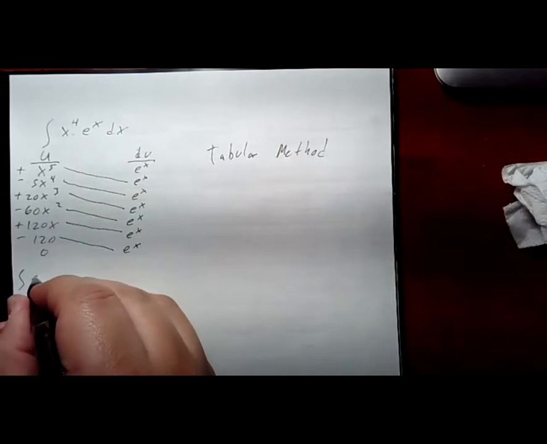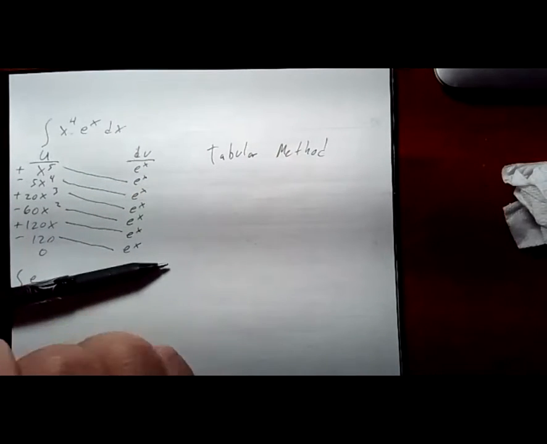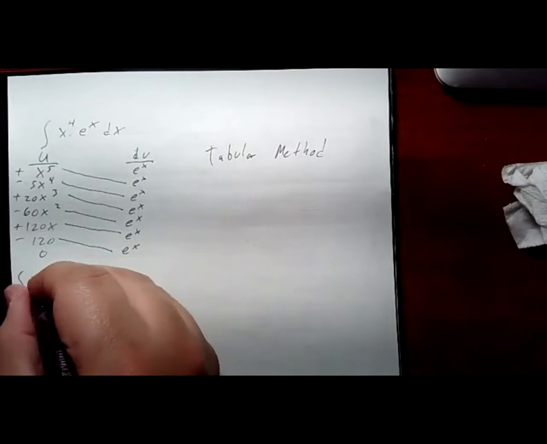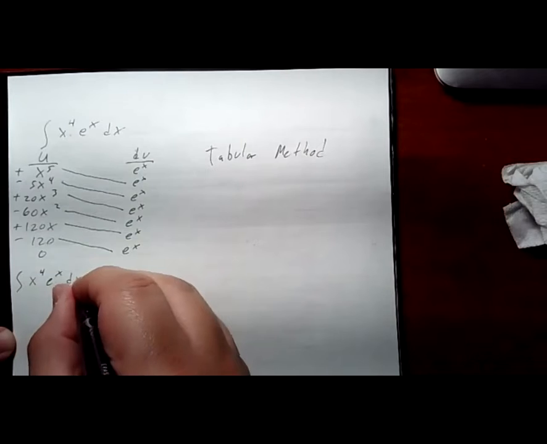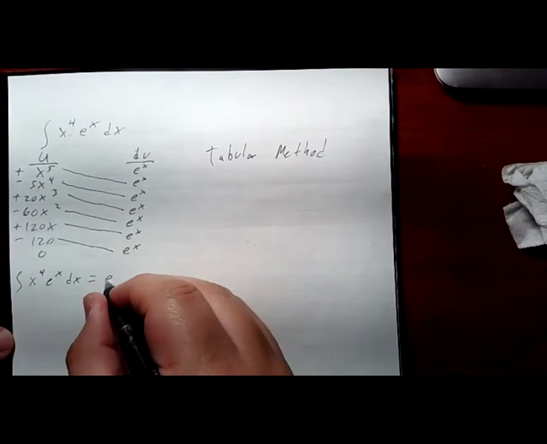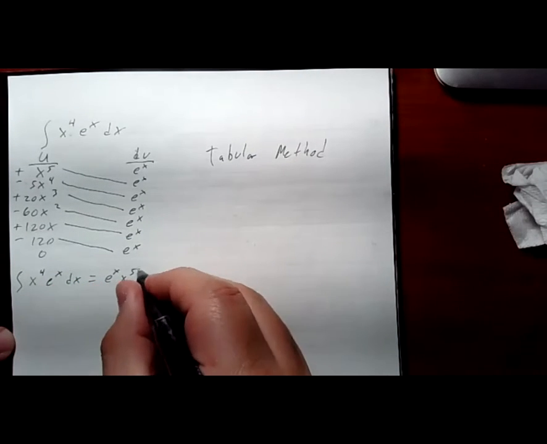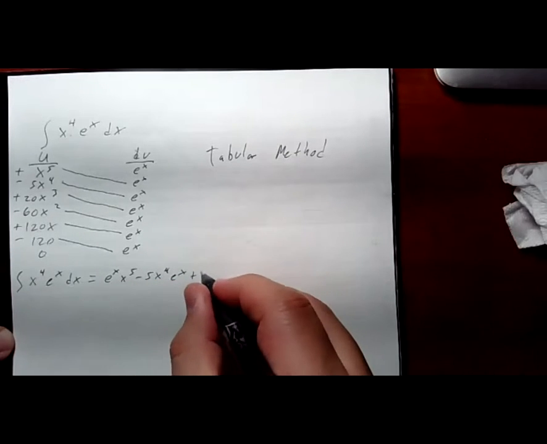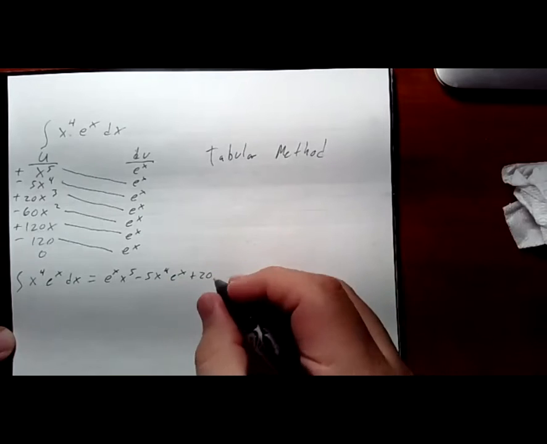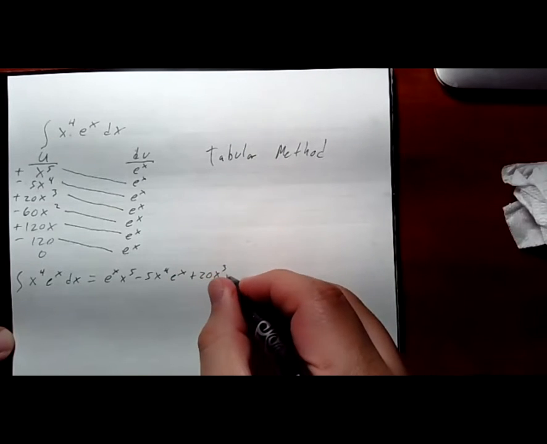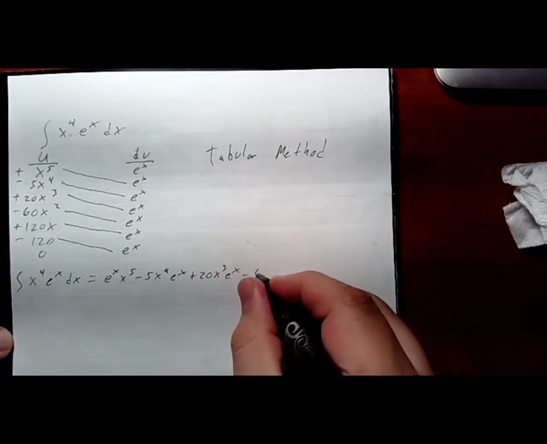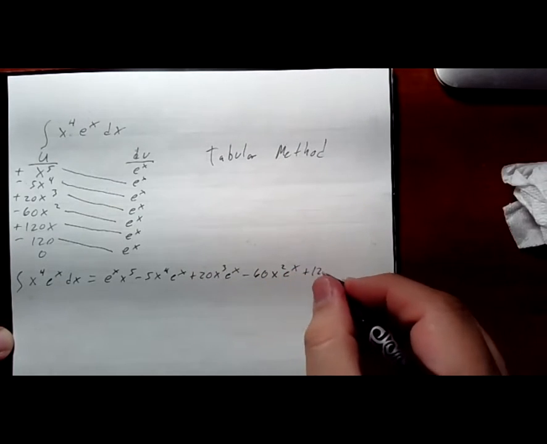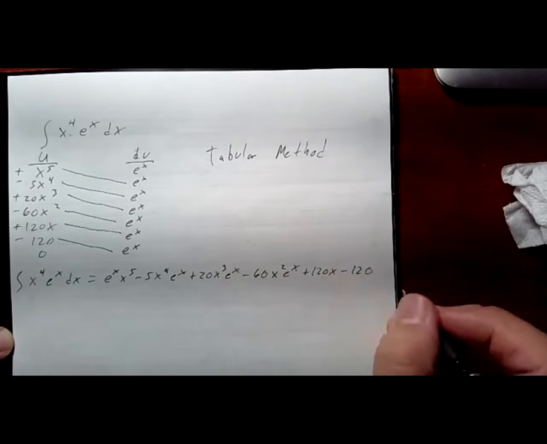So the integral of x to the 4th e to the x is equal to e to the x times x to the 5th minus 5x to the 4th e to the x plus 20x cubed e to the x minus 60x squared e to the x plus 120x e to the x minus 120 e to the x.